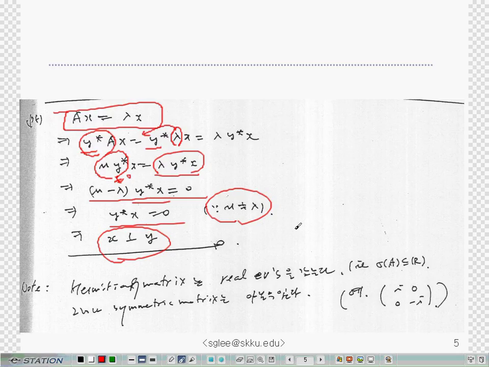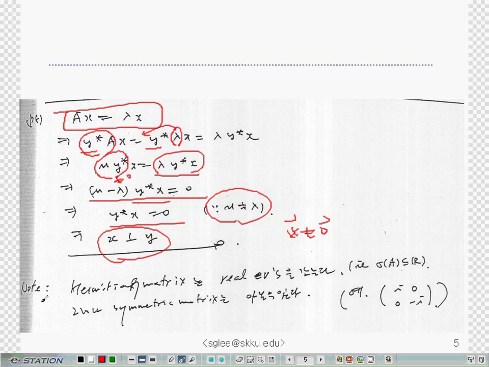We said x is a non-zero vector. So these two vectors are orthogonal. So the left eigenvector of one eigenvalue is always orthogonal to the right eigenvector of a distinct eigenvalue. That's what it says.